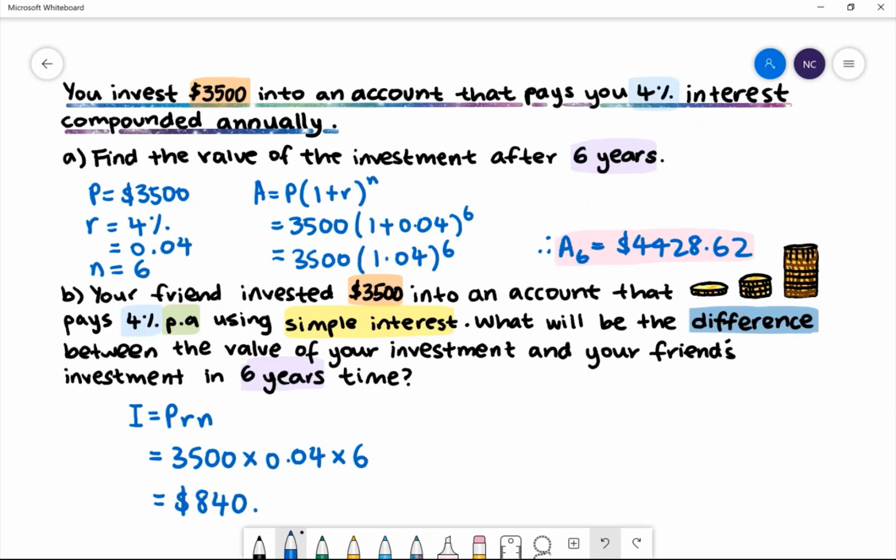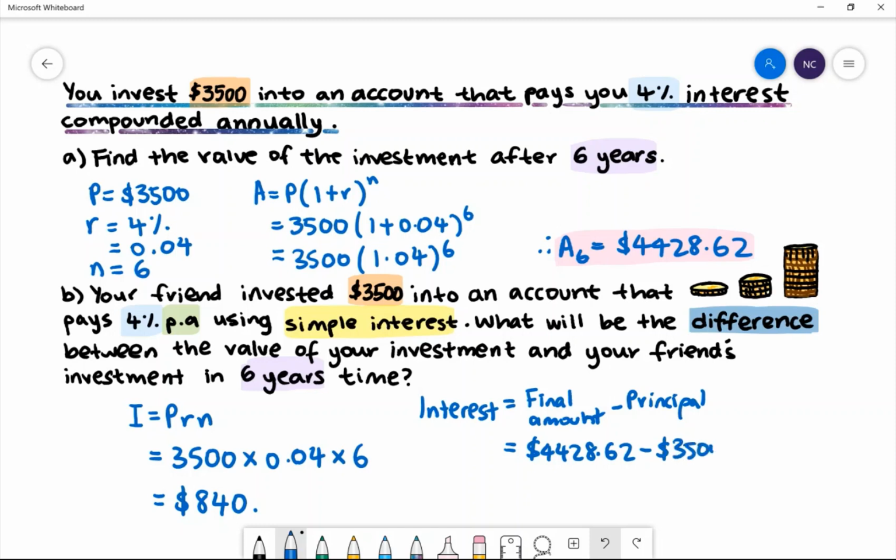How does this compare to your investment? We need to find your interest. To calculate interest, we need to subtract the initial amount. So we can do the final amount, subtract the principal amount. This will give us $4,428.62, subtract $3,500.